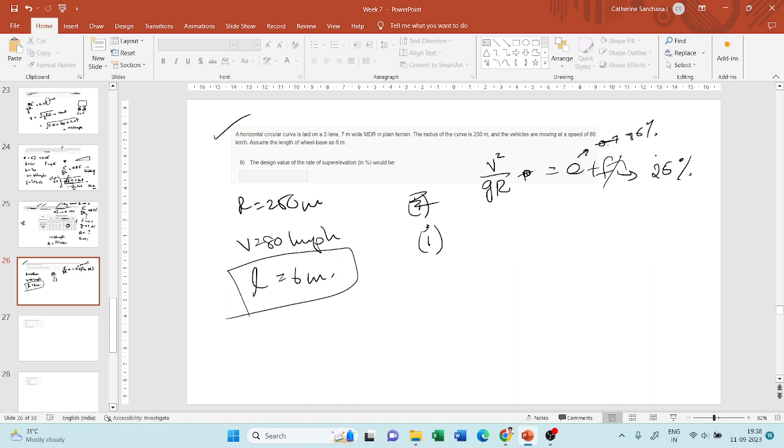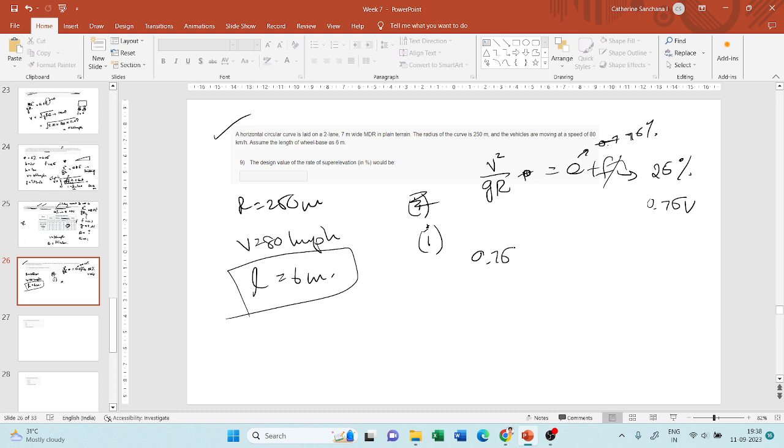So E takes care of 75% of speed, right? So instead of substituting V as it is, you have to take V as 75% of V, so you substitute V as 0.75 V. In this equation, first eliminate F, and then use V as 0.75 V.